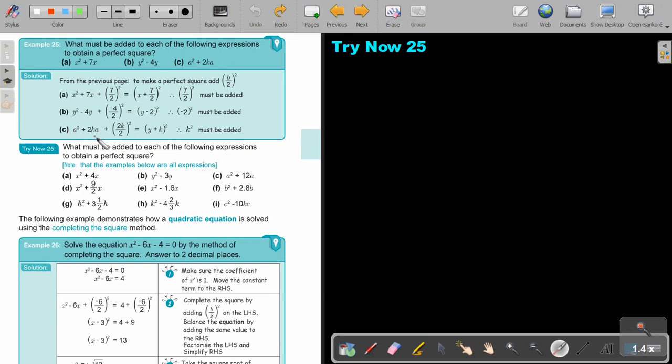Let's just write it in. So it's going to be a plus k, squared. If it was y squared y, it would have been y. If it was x squared x, it would have been x, but it's a squared a, so it's going to be a.